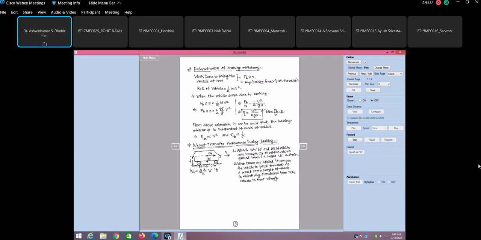This is if V final is equal to 0. And weight transferred is equal to mu h by B into F by g, where F is the acceleration or deceleration, into weight, if V final is not equal to 0.